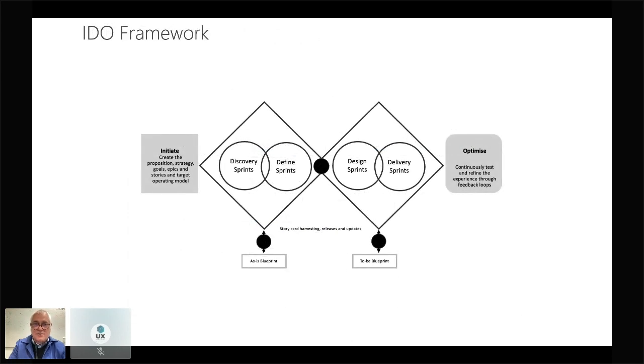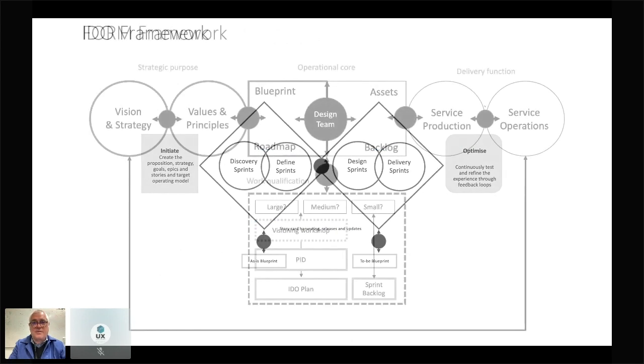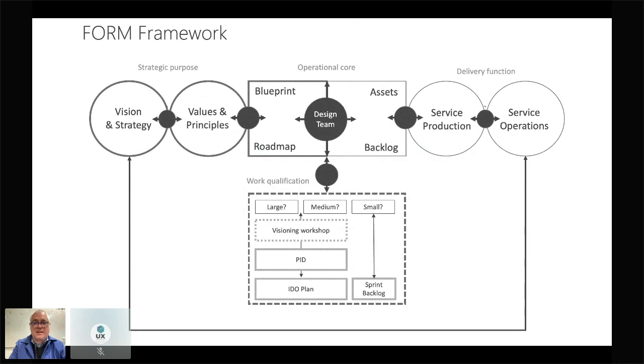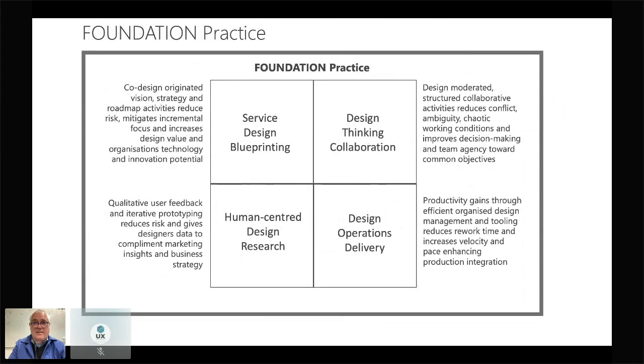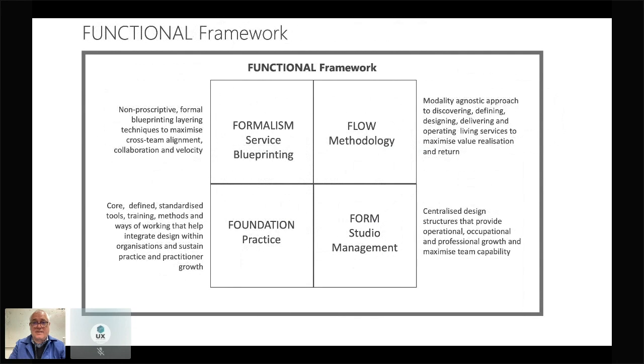And there's the structuring around the work. I didn't skip over this, but this is basically a way of aligning service and agile from an operational point of view, and then the key foundation practices and functions within healthcare service design.